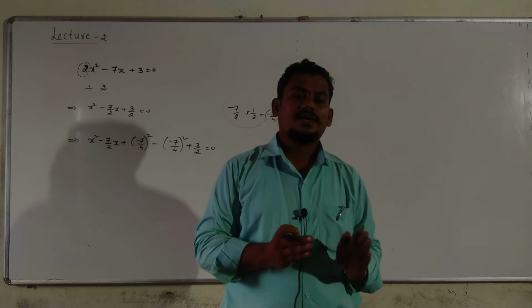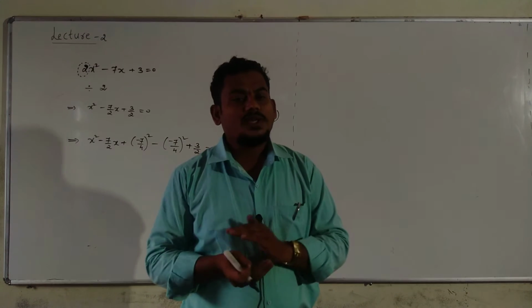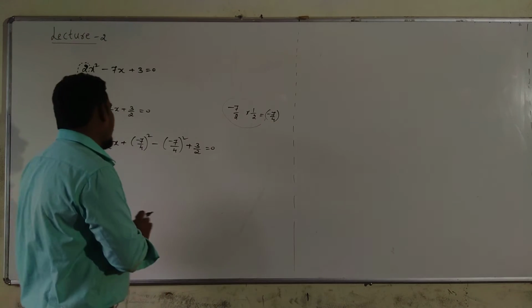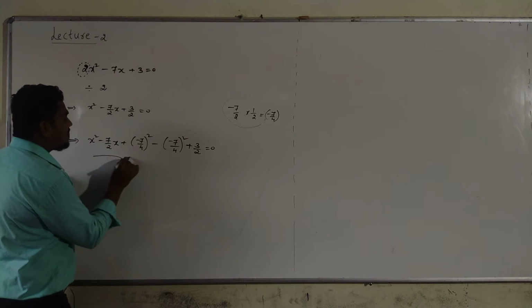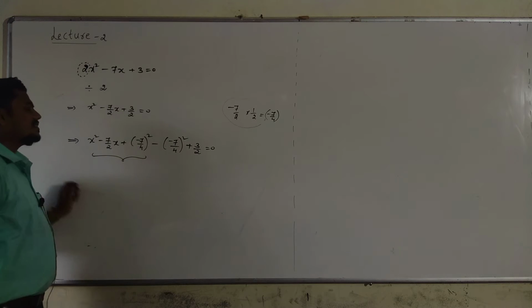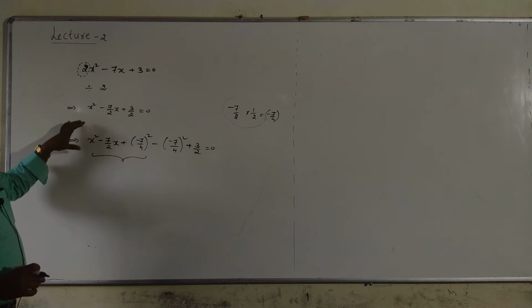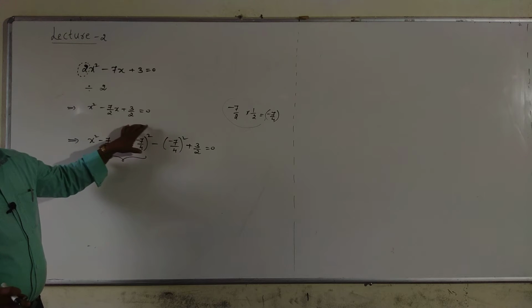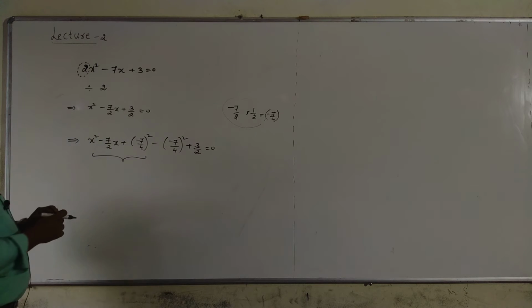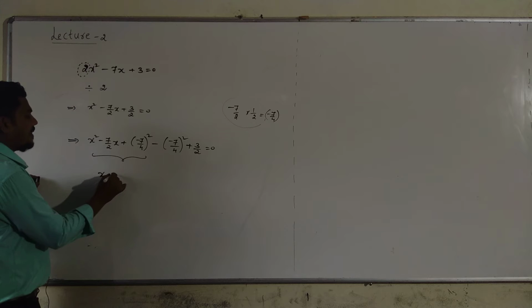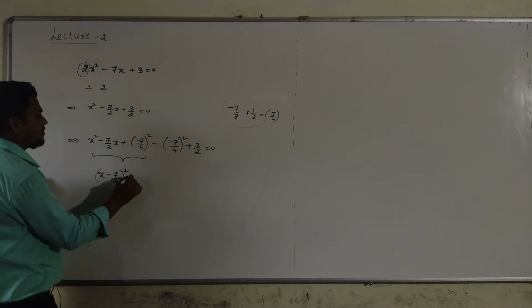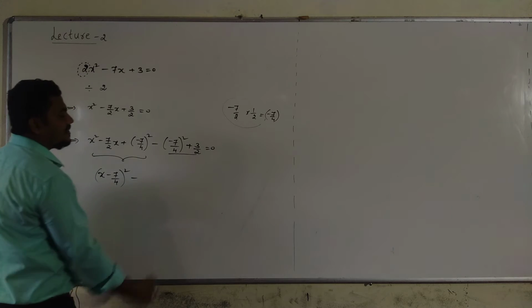In the second step, add and subtract the square of half of the coefficient of x. After that, look at the first three terms. Clearly it is the expansion of a square minus 2ab plus b square, meaning it is the expansion of a minus b whole square, and simplify the remaining two terms.